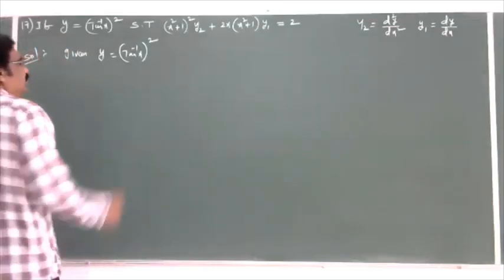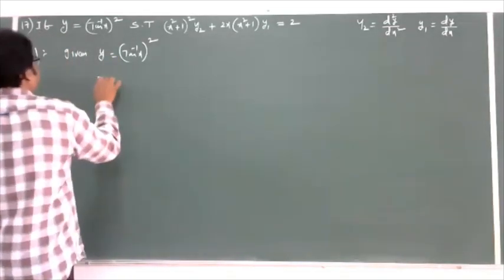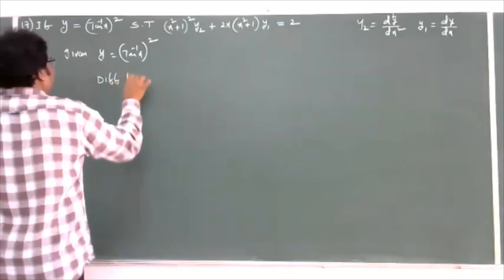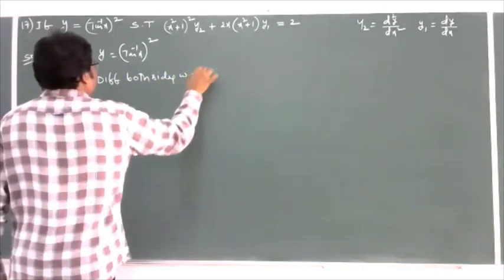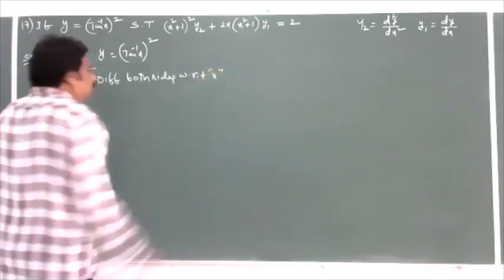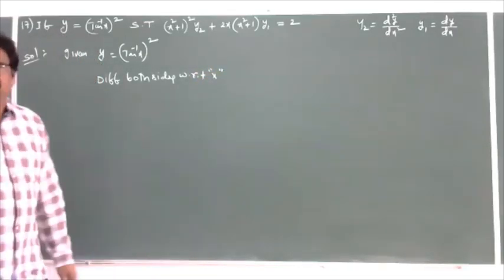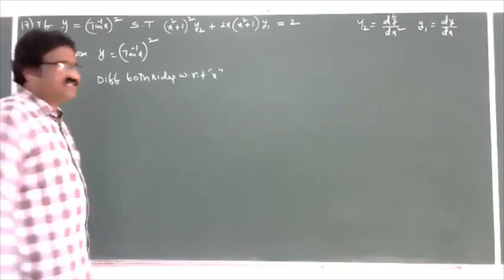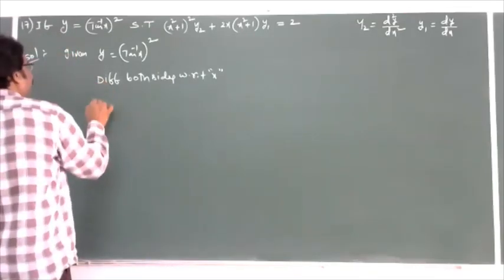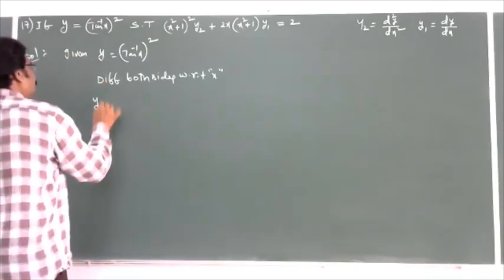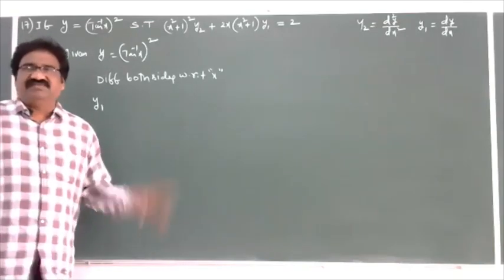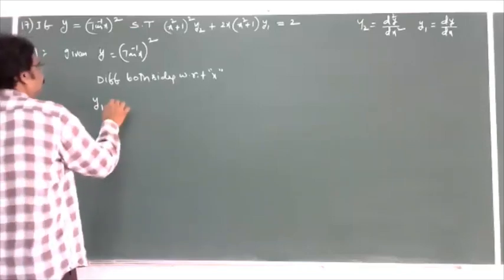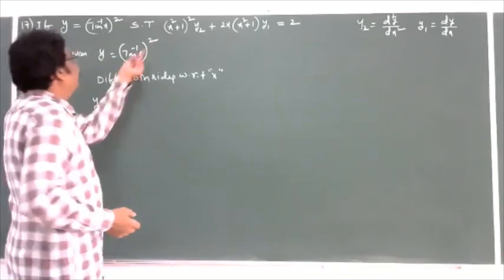Differentiating both sides with respect to x. Here y derivative is y1, that is dy by dx. y1 means dy by dx is equal to, here this is in the form of x power n.